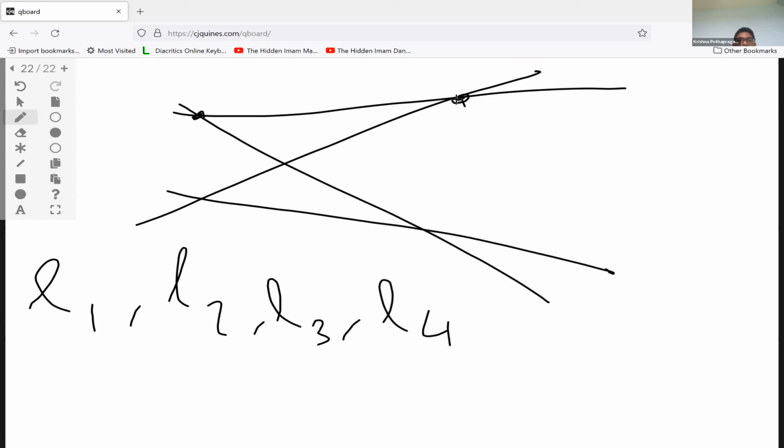So we want to find a bound on the degree of the statement that these 4 intersections, let's say this is L1, L2, L3, L4 at the top.